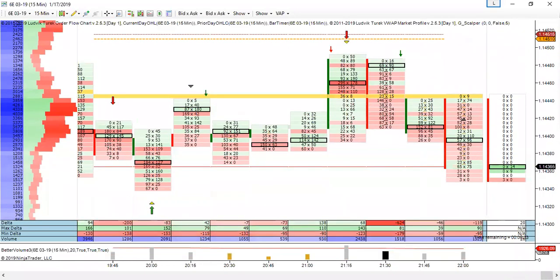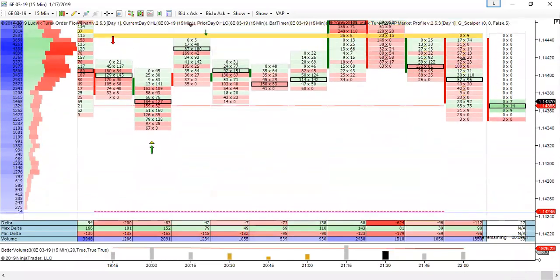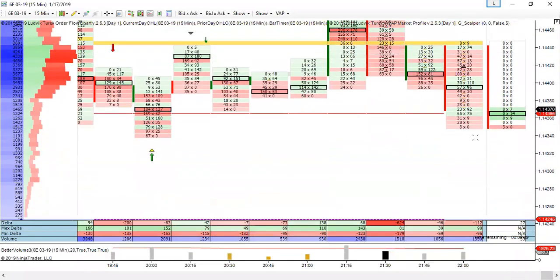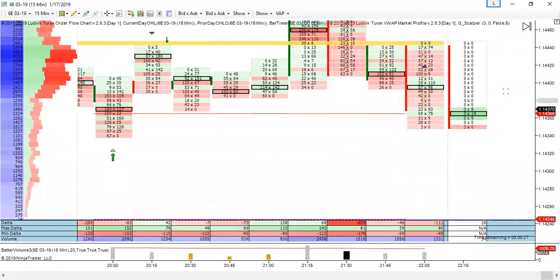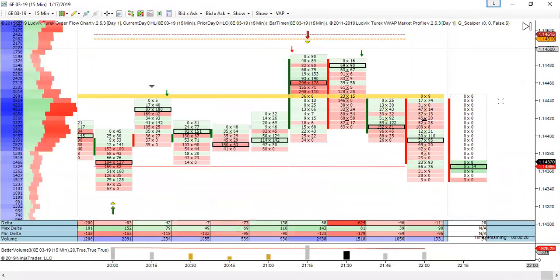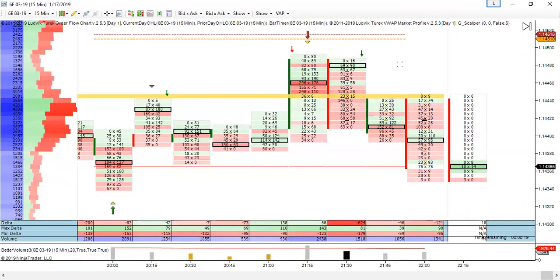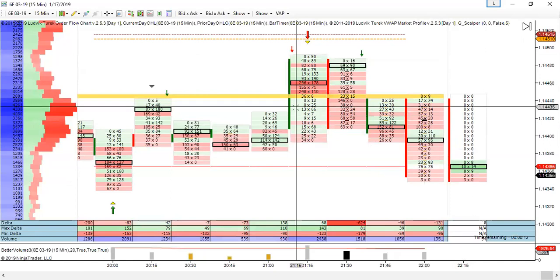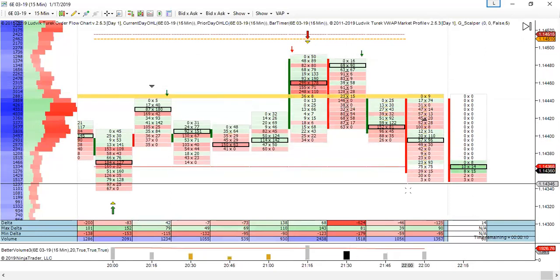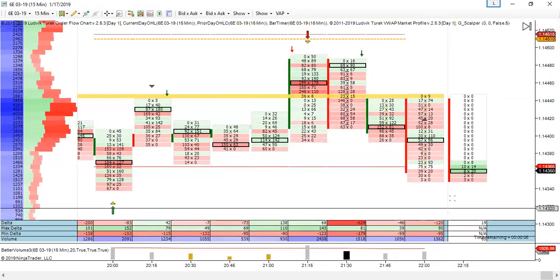Now I'm also interested to see what price is going to do in this zone. So this is real time, guys. We see currently in this particular bar, the bar is dominated by sellers, but we see some interested buyers coming into the market, especially from this bar over here, as we look at the maximum delta.